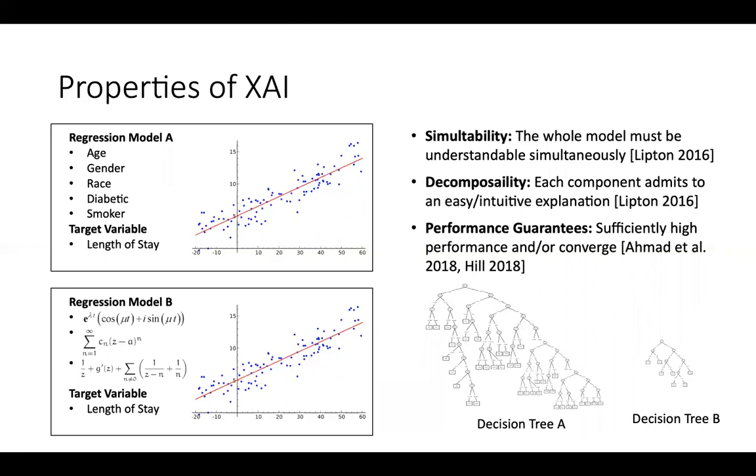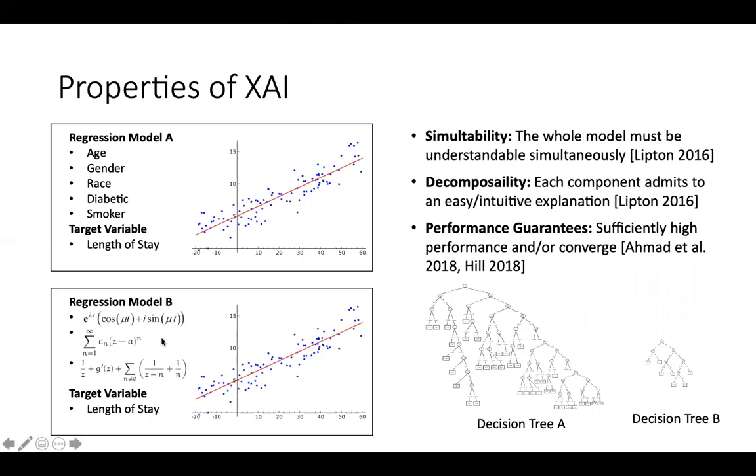And then there's decomposability. That is, each component is admissible with respect to an intuitive or easy explanation. For example, when we think about interpretability, naturally we think that regression models are much easier to interpret as compared to deep learning models.